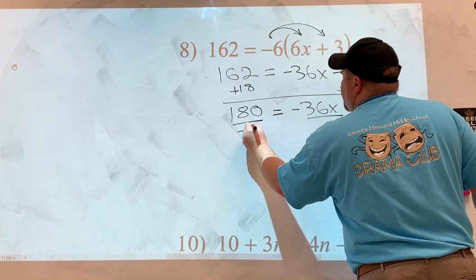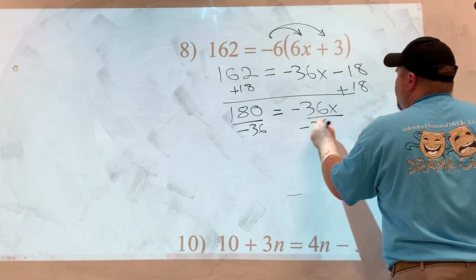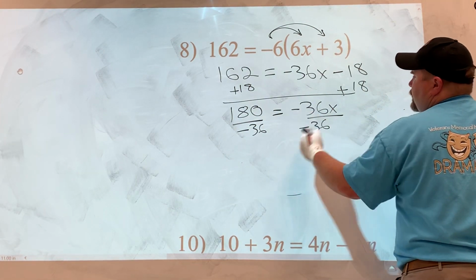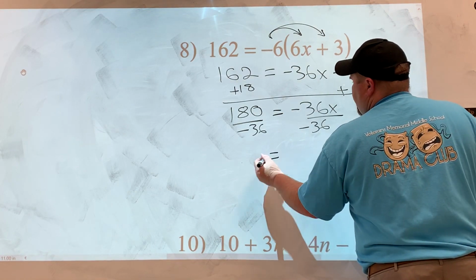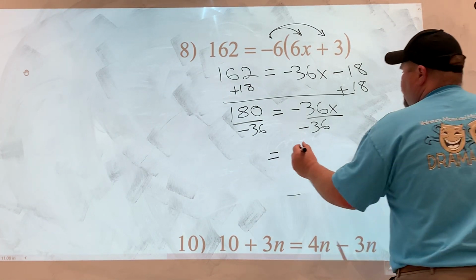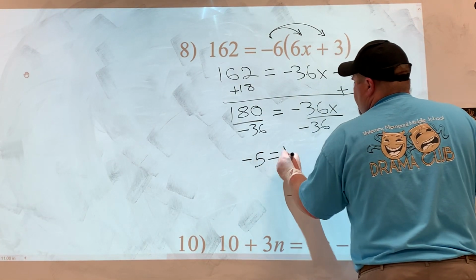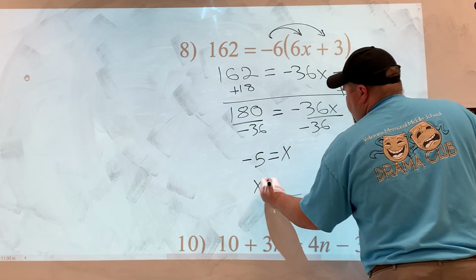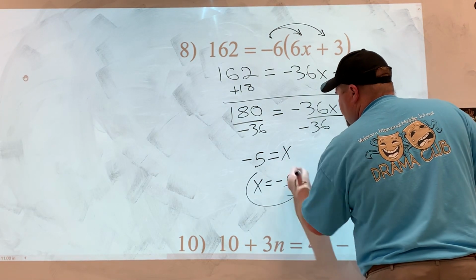Divide both sides by negative 36. Remember, negative 36, because that's what it was to start with. So I know I'm going to have a negative answer. Negative 5 equals x, which also could be written as x equals negative 5.